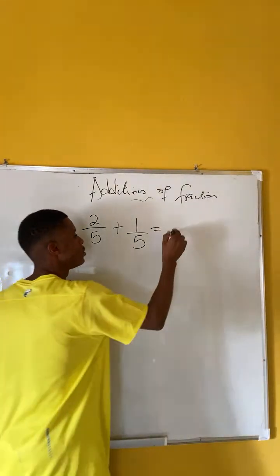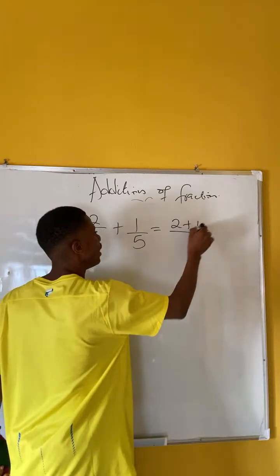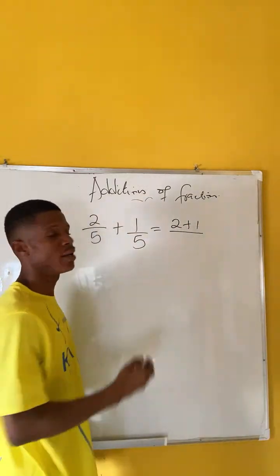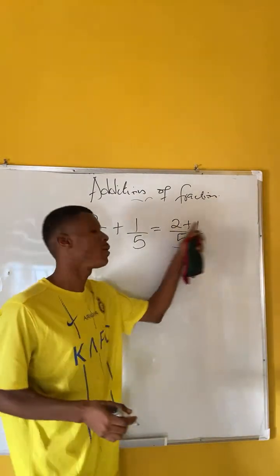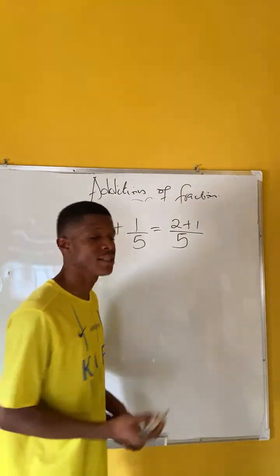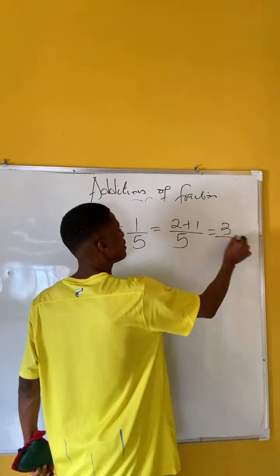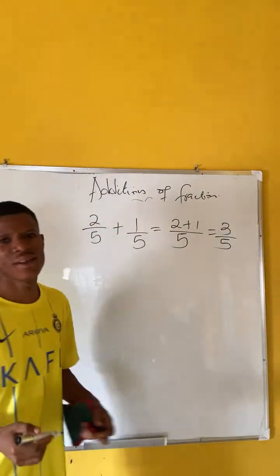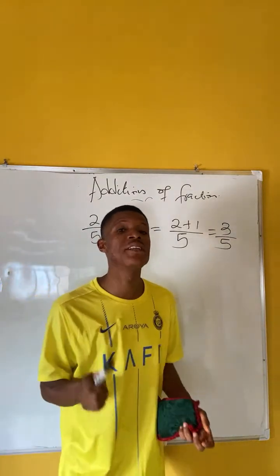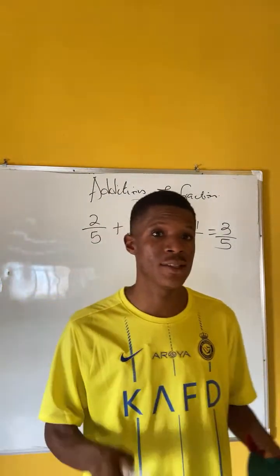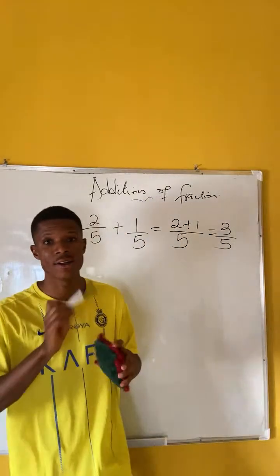So all you got to do here is just add 2 and 1, this and this together. Don't forget to keep your 5 the same. So 2 plus 1 is very simple. What are you getting? You are getting 3. So the answer is 3 over 5. Very, very simple. While adding fractions of the same denominator together, add their numerators.